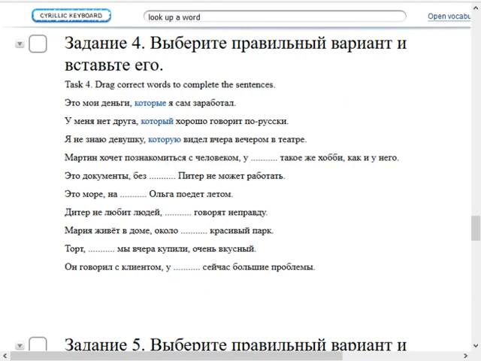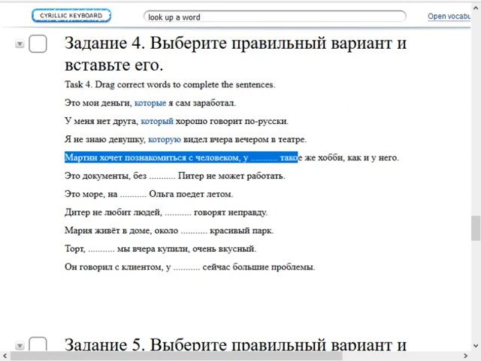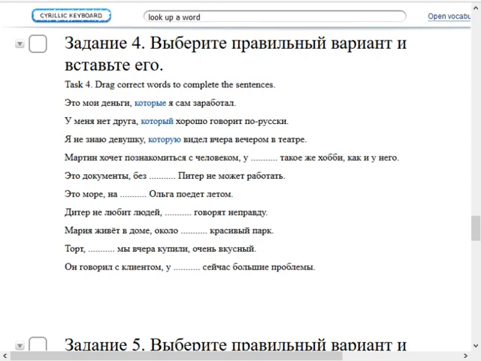The Russian phrasing is very difficult, I realize, for English speakers, but I think what this means is Martin wants to get to know a person who has, basically it says who has the same hobby as he does. So Martin has some kind of a hobby, and it's saying he wants to meet someone who has the same hobby as him.